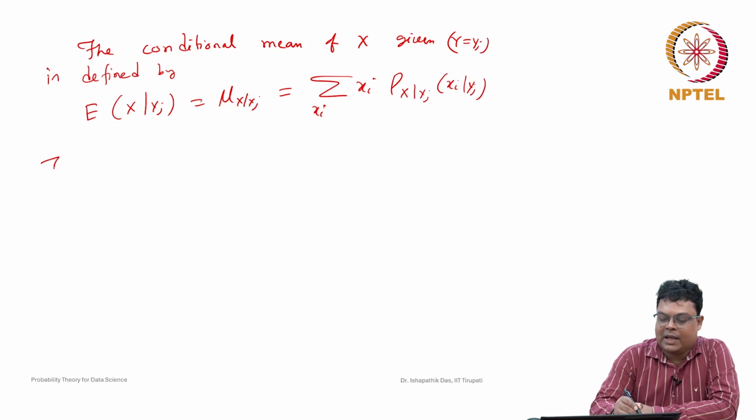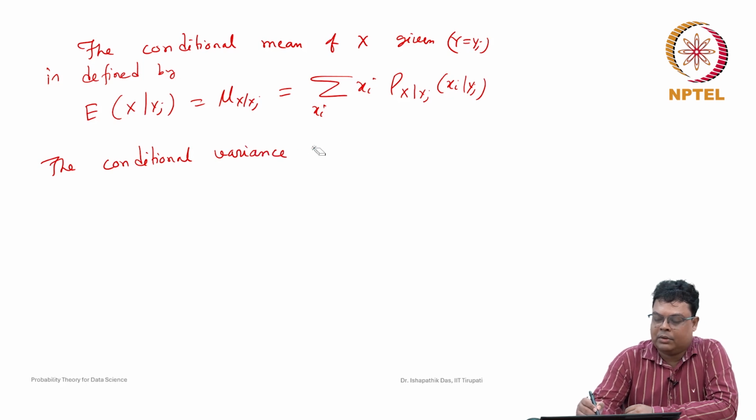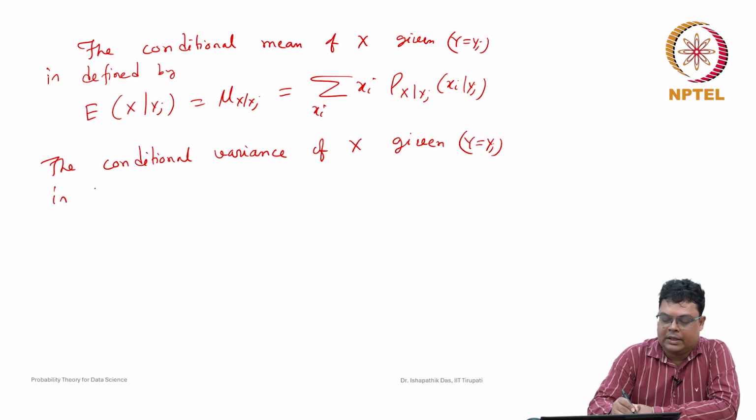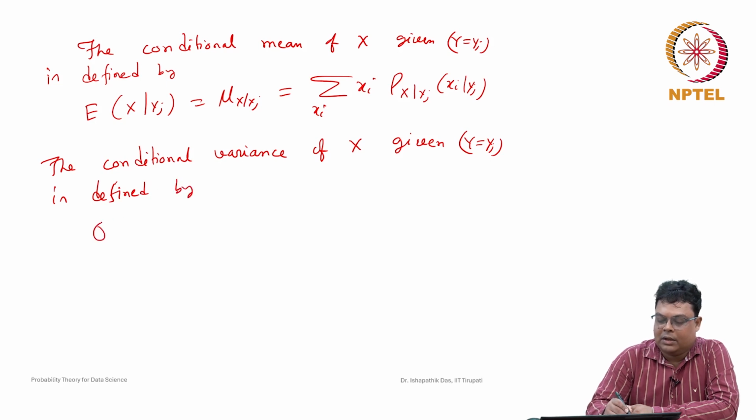So now the conditional variance of x given that y is equal to yj is defined by, so this variance we can write sigma square.